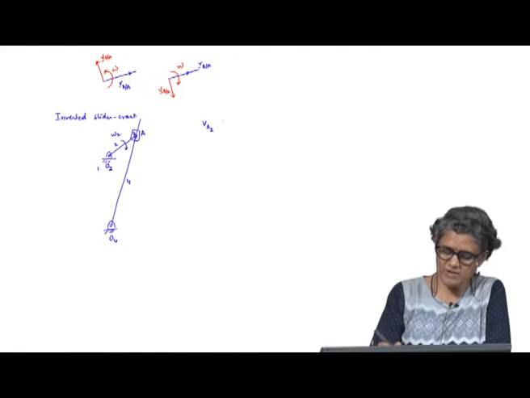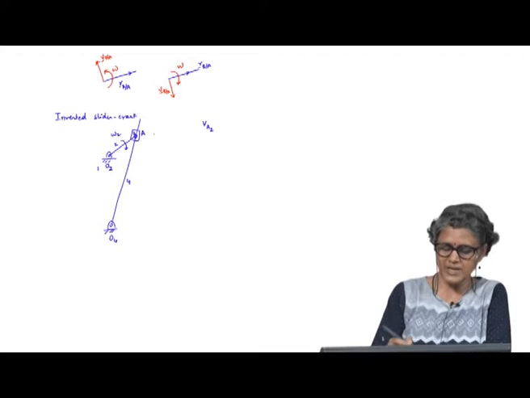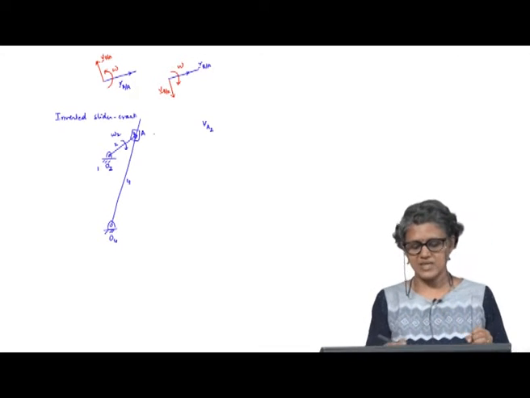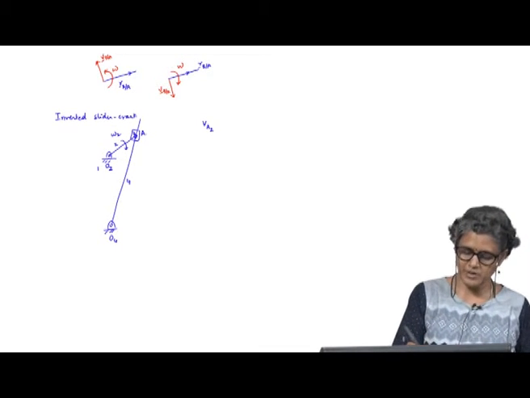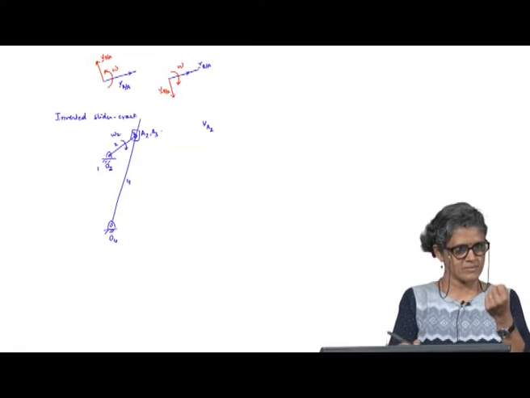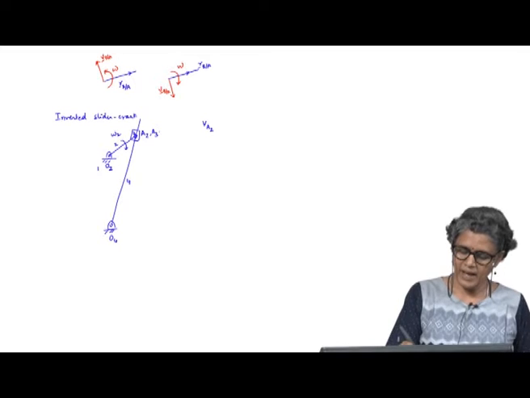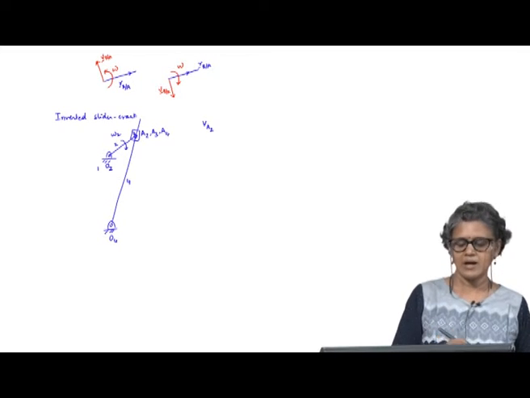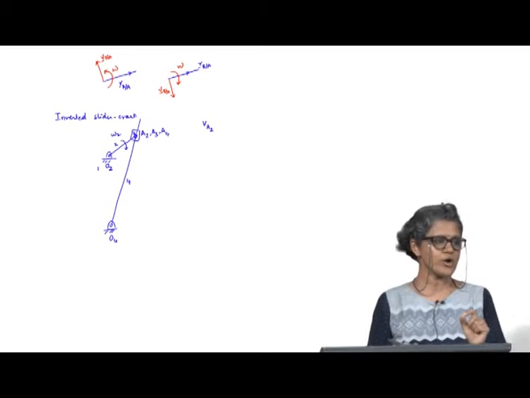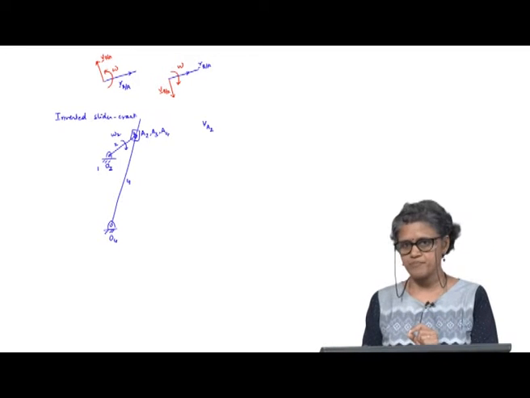So, I know the velocity. Here if I actually look at A, I can say there is an A on body 2, there is an A on body 3, the pin, and I can also find a momentarily coincident point A on body 4. Okay.